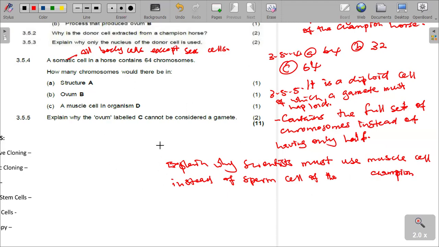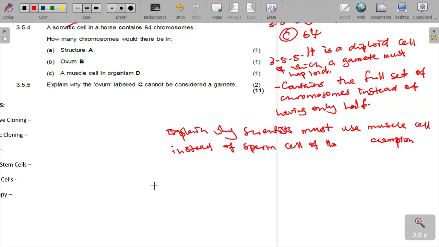The answer in this case is that the scientists can use the muscle cell because it is diploid. A sperm cell is haploid. That is the thing to say.